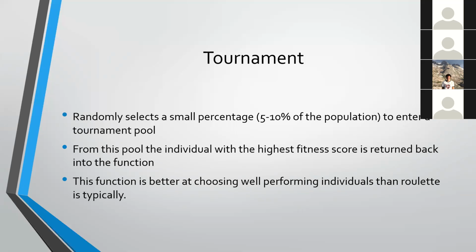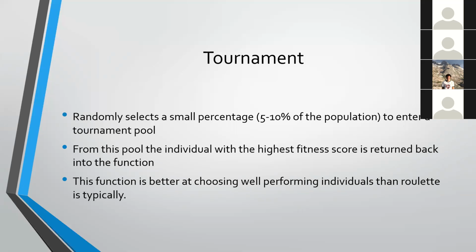Well, you're still going to get the best of the worst, which has its upsides. And a lot of the time, especially when the average fitness scores start approaching the high fitness scores, this is much better at making sure the best individuals move on than roulette would be in the same circumstance.